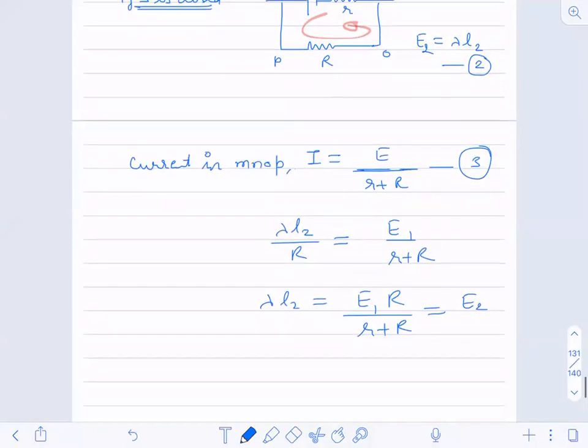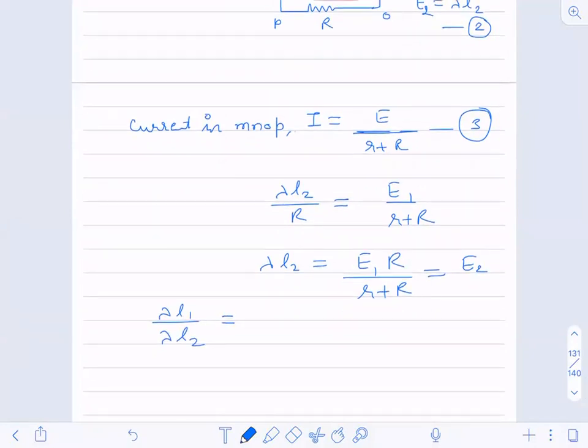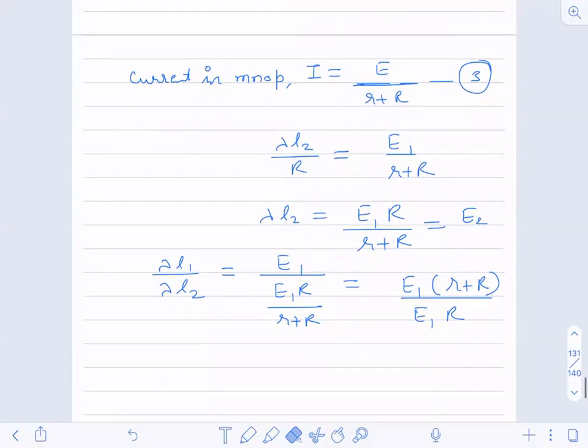Now I'll take the ratio of lambda L1 by lambda L2. Lambda L1 is E1, and lambda L2 is E1 into R divided by small r plus capital R, so the ratio is E1 into r plus capital R divided by E1 into R. Now I can cancel lambda and E1.